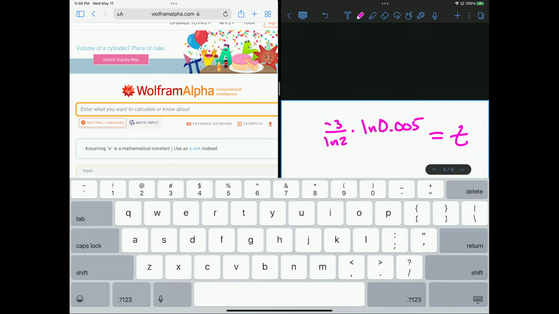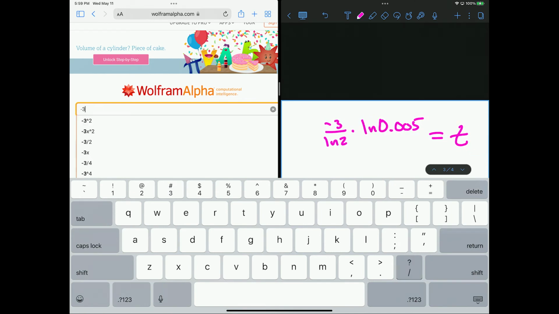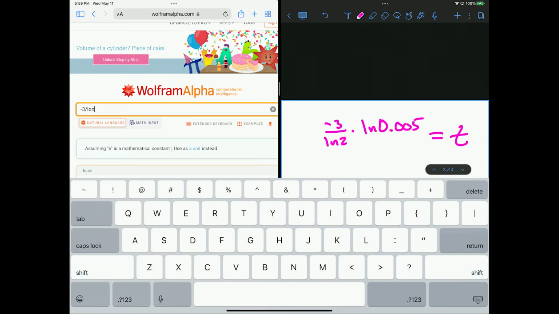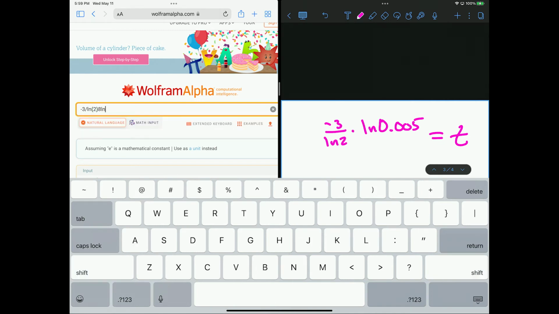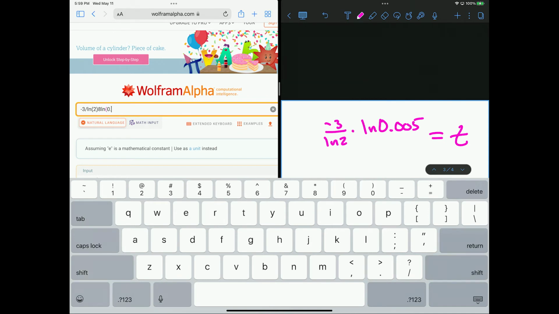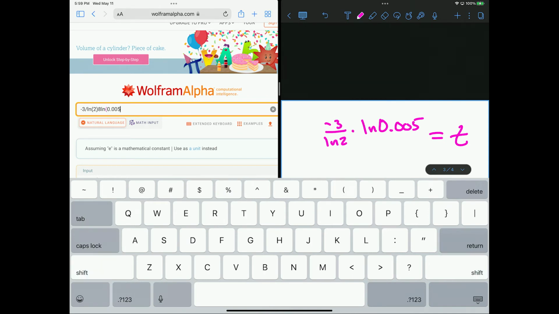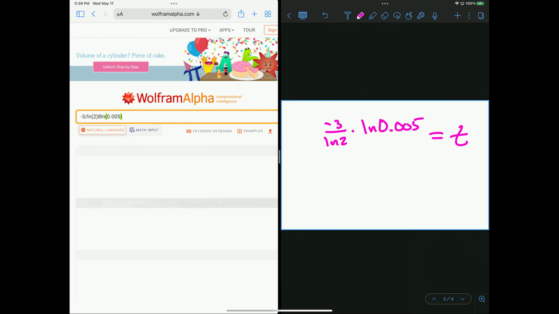So this is what we're trying to type in. Negative 3 divided by ln 2, not ln, ln 2, times ln 0.005. Enter.